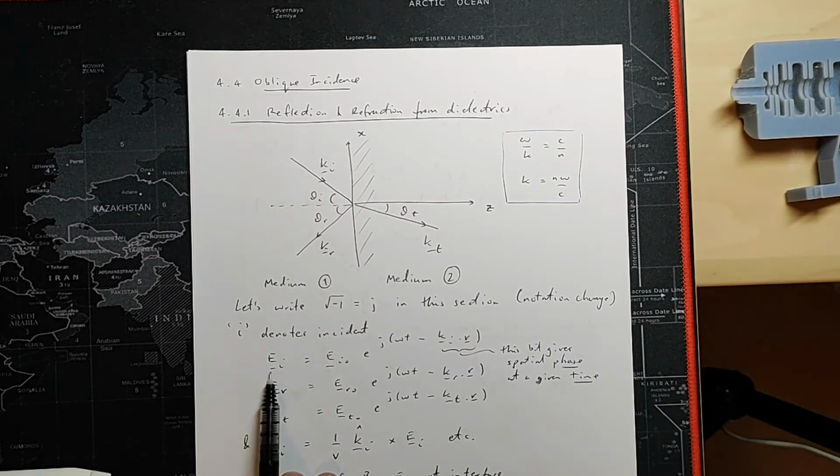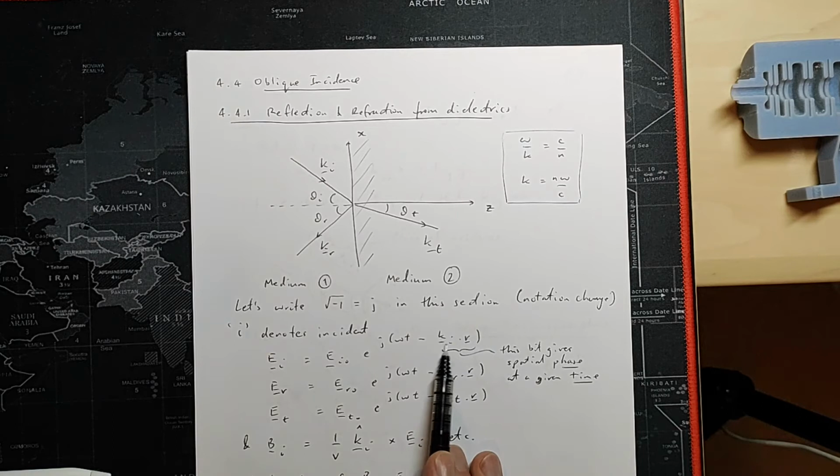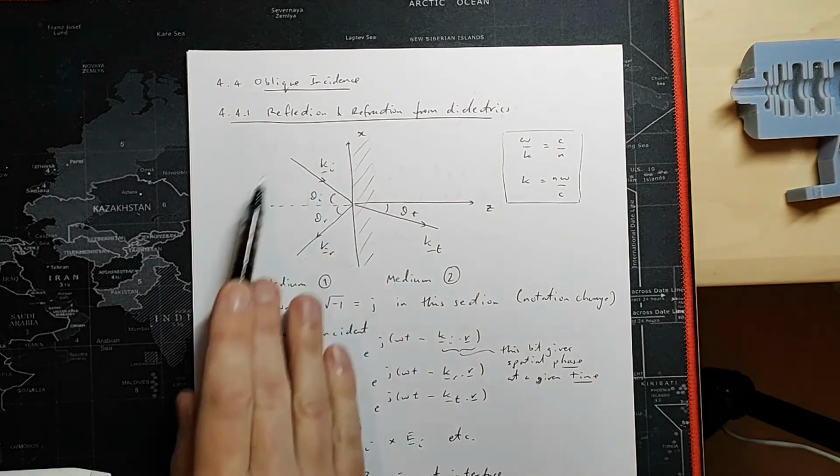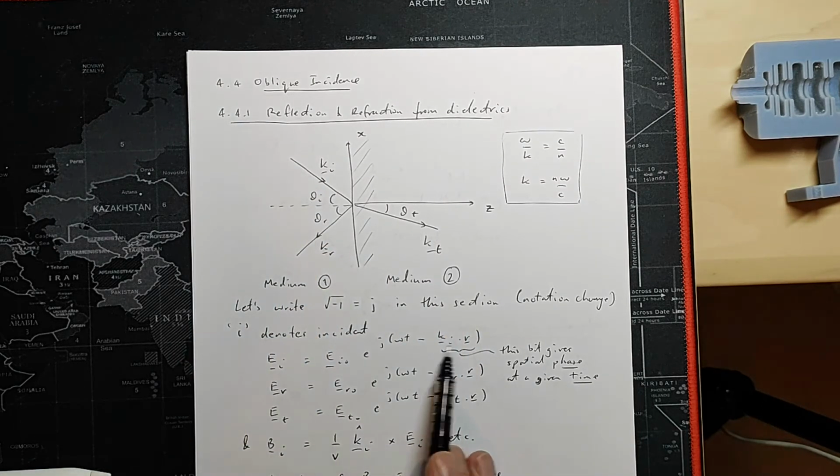So the incident electromagnetic wave at any given position and time obviously oscillates at some frequency omega, and this ki dot r, where r is some location, lets us know what the spatial phase is at a given time.